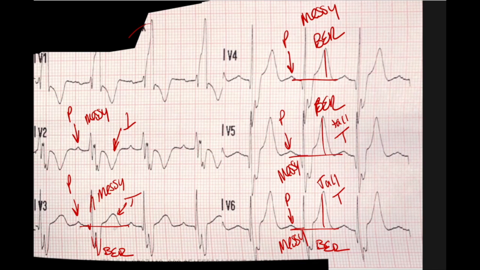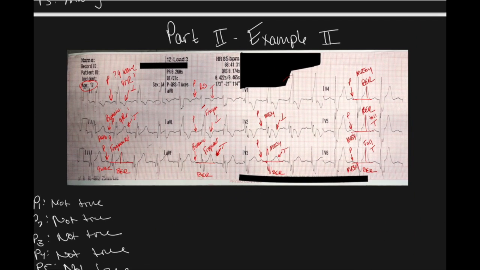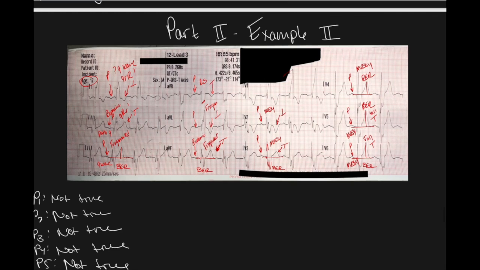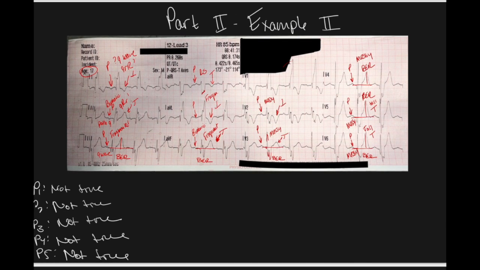So quite a bit going on for a 17-year-old male who called 911 for syncope. So what do we have all in all? Well, we have lots of messy QRS complexes. We have a good bit of T-wave inversions.